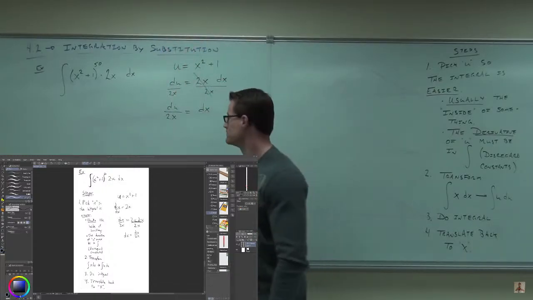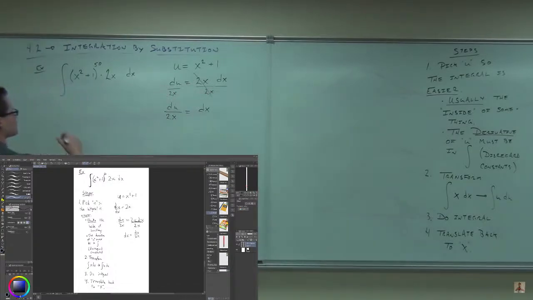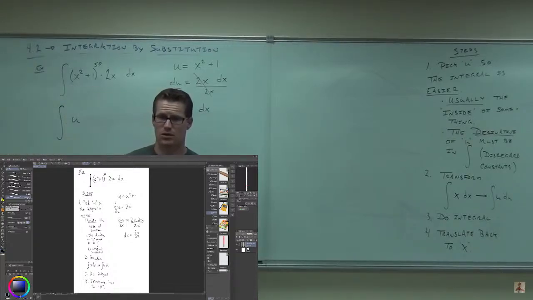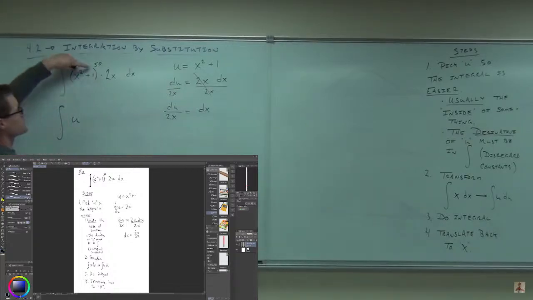Now you do the substitution. Instead of 2x plus 1, what do I put? Do I still have to the 50th power? Yes. This became my u to the 50th. Now check it out.